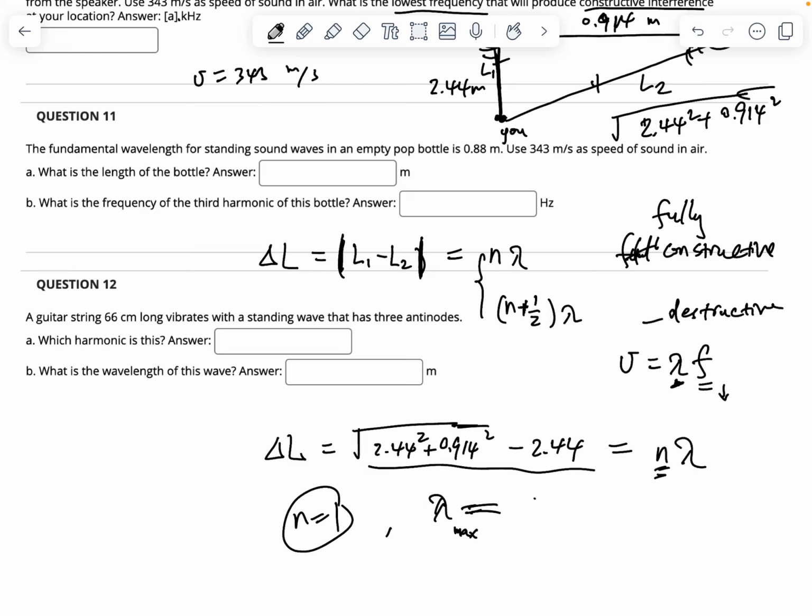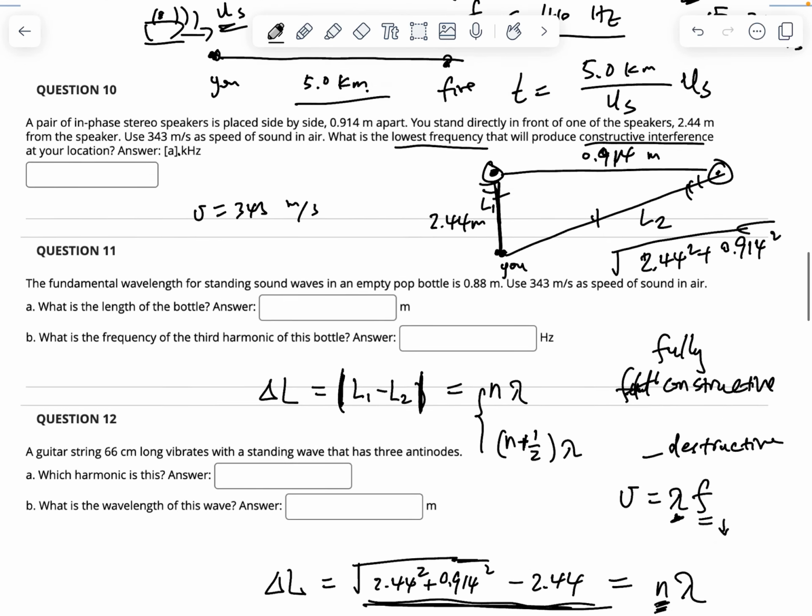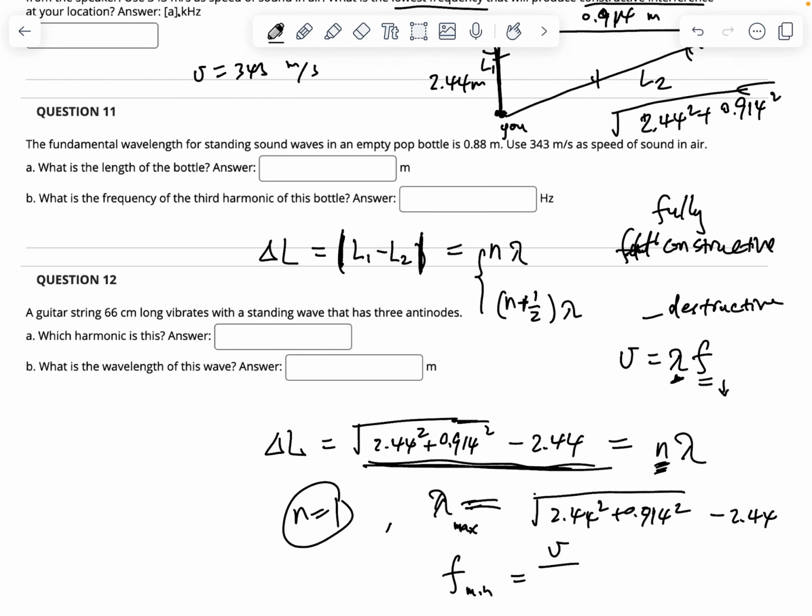So this basically is this value divided by 1, right? So this will be your maximum wavelength. Then what is your minimum frequency? Lowest frequency equals speed.